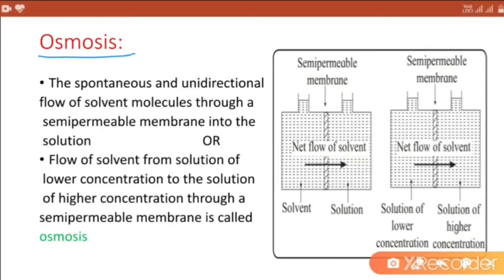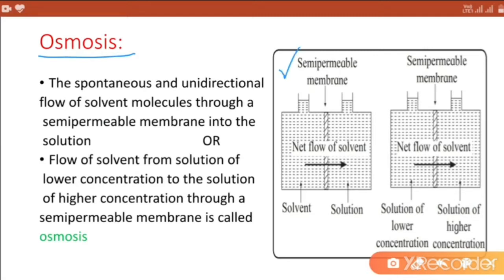Osmosis. The spontaneous and unidirectional flow of solvent molecules through a semi-permeable membrane into the solution. See the diagram.